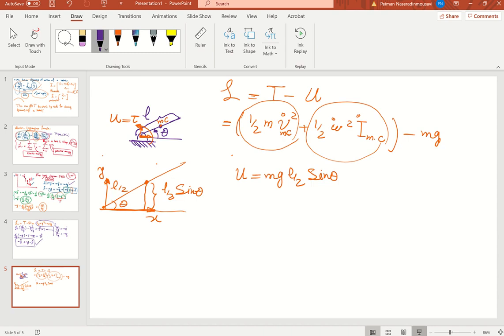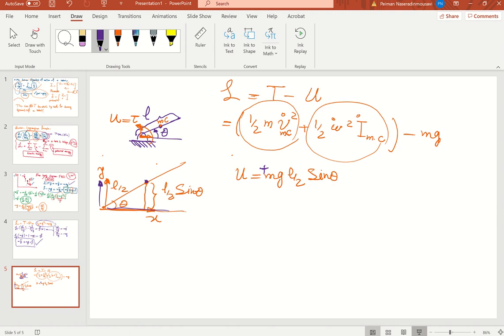But the question is, does the potential energy have a positive or negative sign? I want you to think and answer. Obviously it is positive because this is above the datum and has the potential to generate work. If you release the link from here, it goes down by itself. So it has the potential, so it is positive.